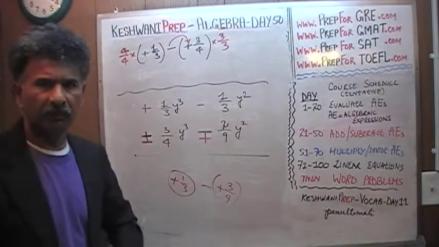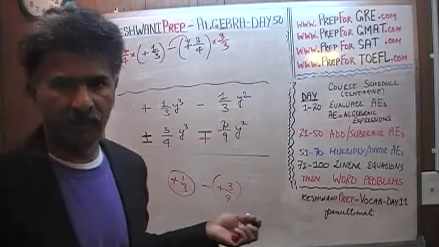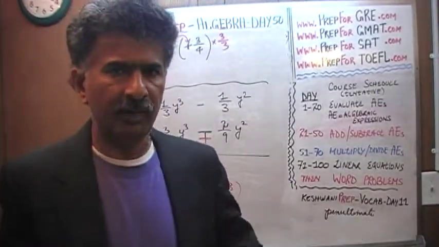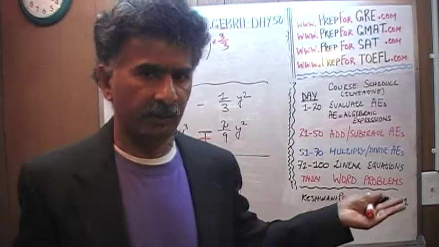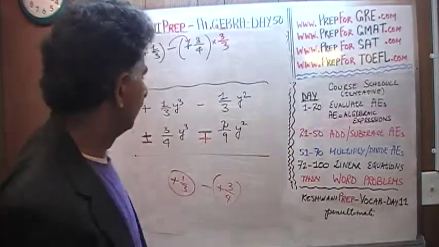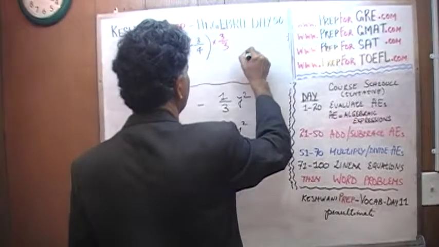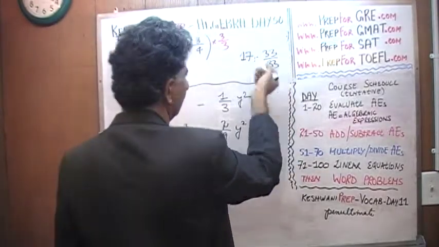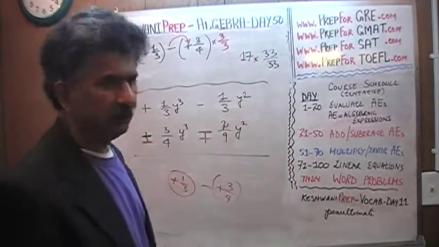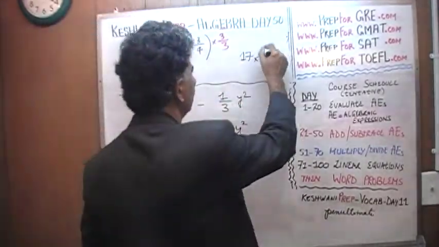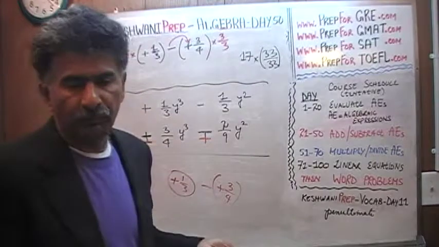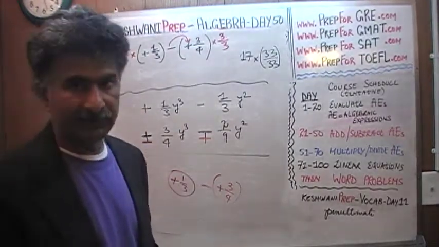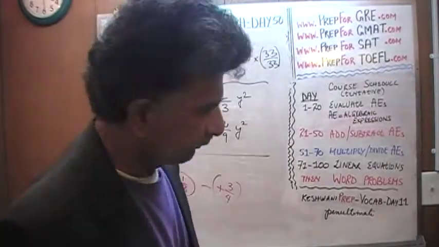Because if you multiply by 4 over 4, you're in essence multiplying by 1, and when you multiply anything by 1, it doesn't affect the original value. 17 multiplied by 1 remains 17. Even though this quantity does not look like 1, it's 1. 33 over 33 is 1. It's 1 incognito, in disguise.